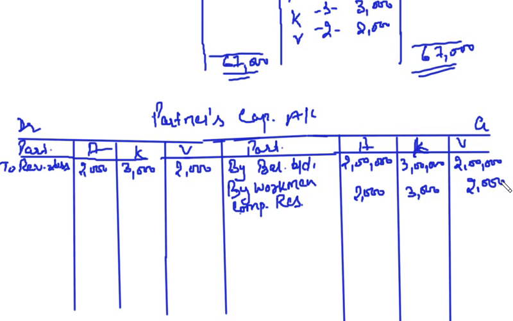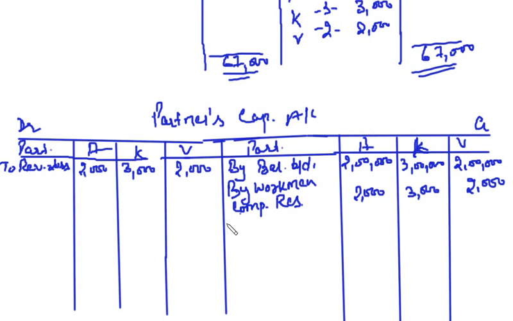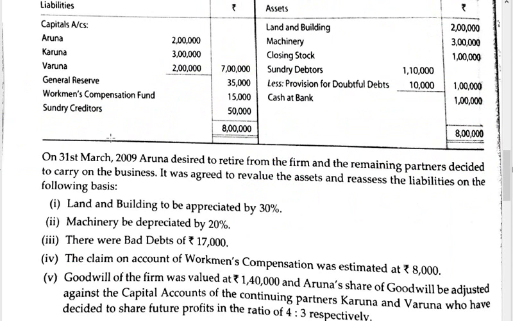Clear, friends? Now, any other reserve? Yes, journal reserve appearing in the balance sheet at 35,000. We have to distribute this among old partners in old ratio. So by journal reserve, okay, so this will come to 10,000, 15,000 and 10,000. Clear? Next, any other reserve? No, sir.